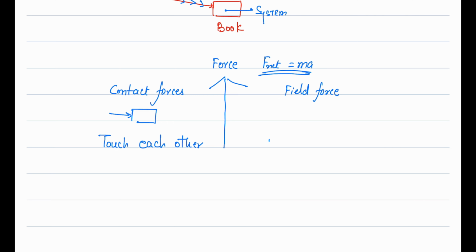Field force, no touch. Example, gravity. Okay, magnetic, electric. All these are field forces.